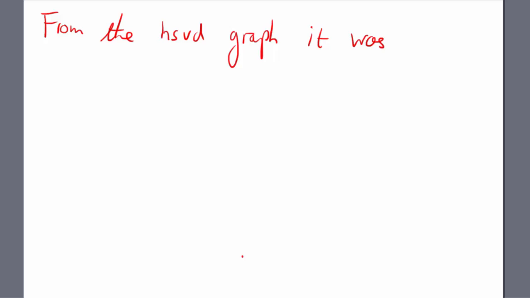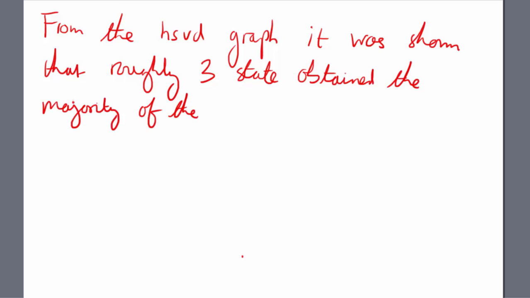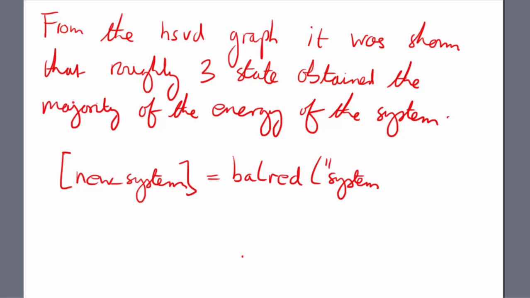From the HSVD graph, it was shown that roughly 3 states obtain the majority of the power. So by using the balance reduction function, we can declare that we want a balance reduction of the system, and we want a third order system.